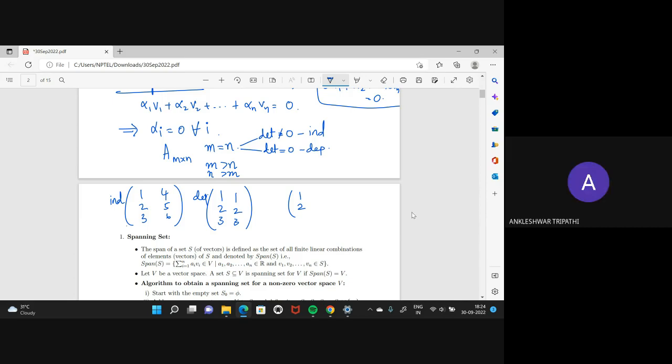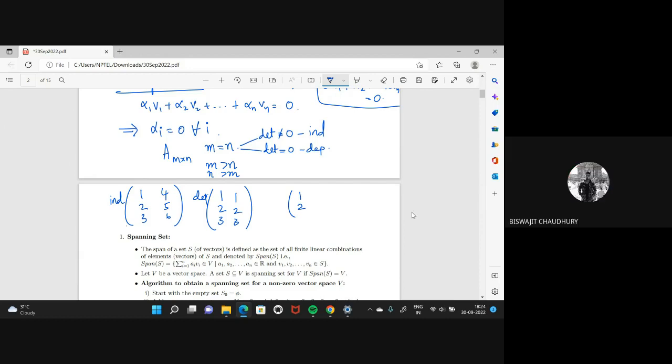Because M is anyway greater than N, it can have N independent vectors, like in this case, 2. I think he was asking about independent vectors, not variables.